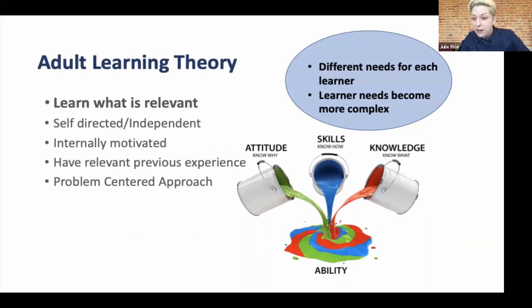These are faculty sometimes. These adults are coming to your educational experience with a lot of prior experience that's informing their decisions. They are self-directed and they want to solve problems with what they know. Adult learners also have a lot of different needs.